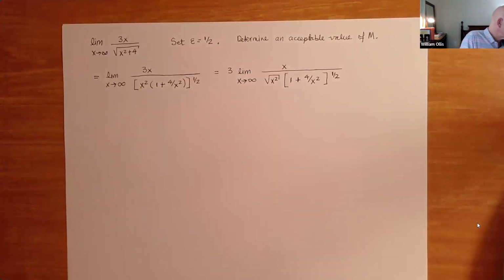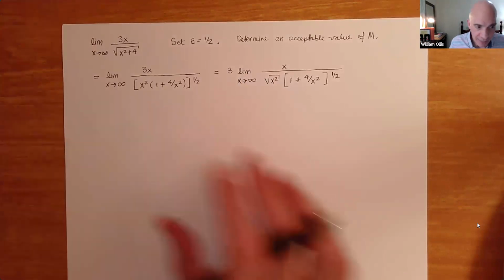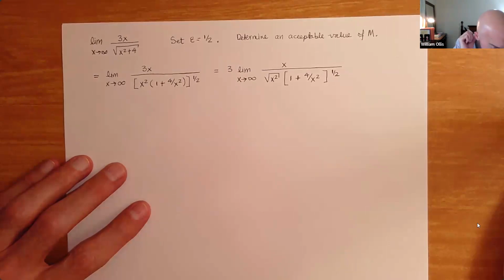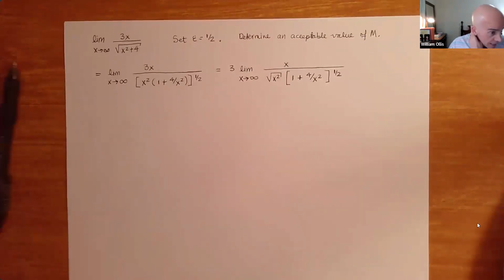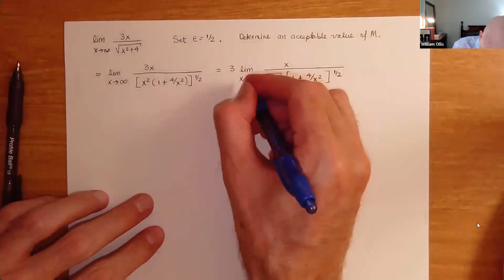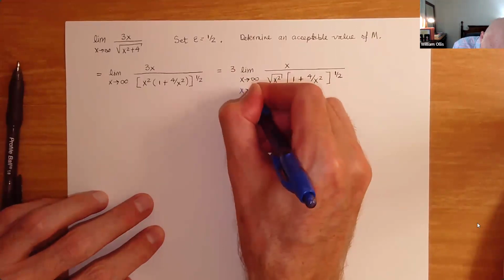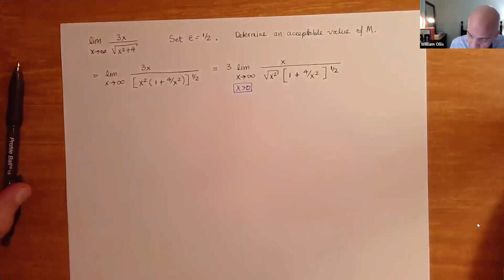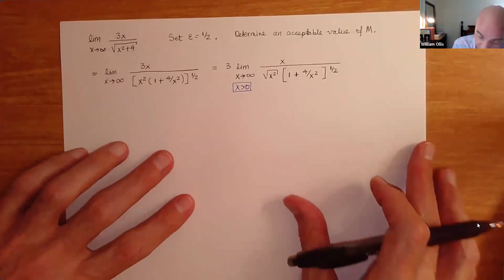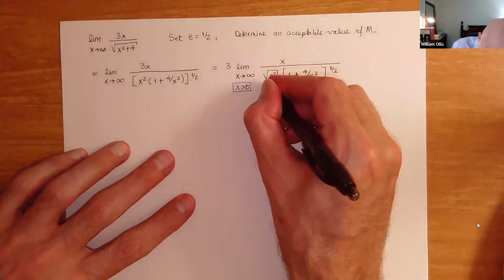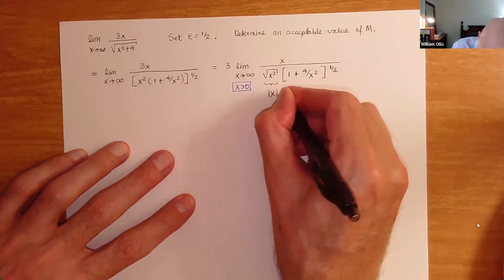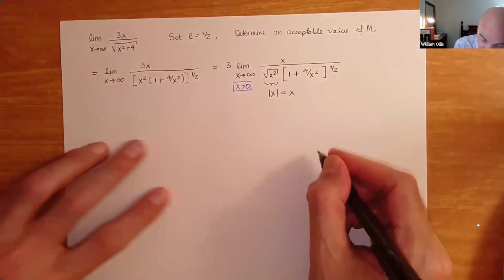And now what we see in this particular case is we have x's that are positive. So just note that as you do your calculations, x is a positive number. Now, of course, the square root of x squared is defined to be the absolute value of x. And of course, in this case, that is just x.